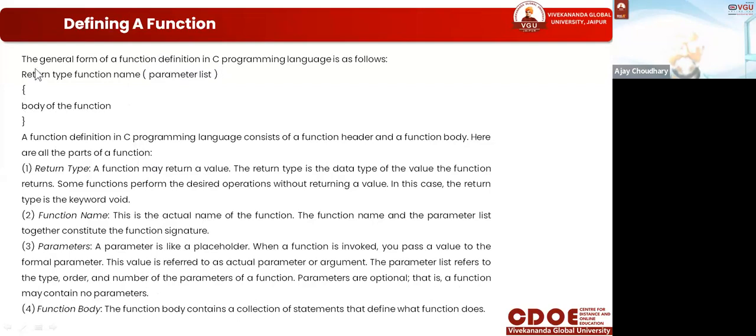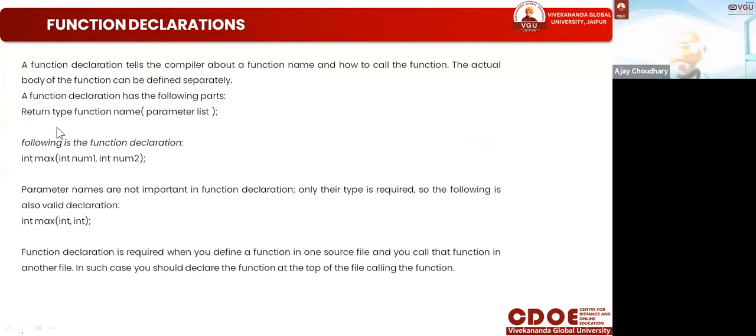Then the body part of that function. The function body contains a collection of statements. They define what the function does. So we write the actual code for that function in the body of that function. Okay, so we have an example. We find the maximum number of these two numbers.